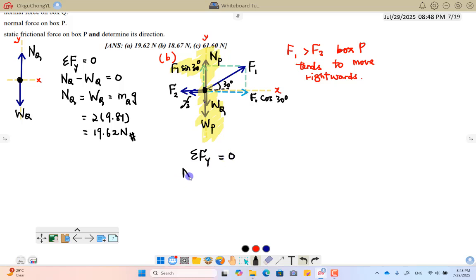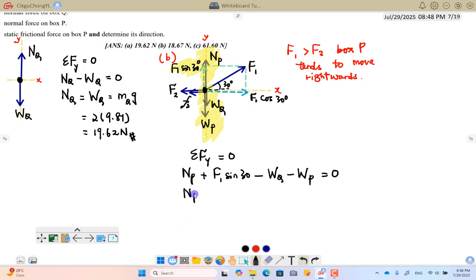I have NP positive because it's upward, plus F1 sin 30, also upward, minus the weight. Why minus? Because weight is acting downwards: minus WQ minus WP equals 0.